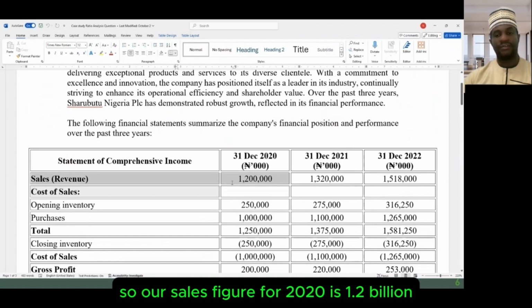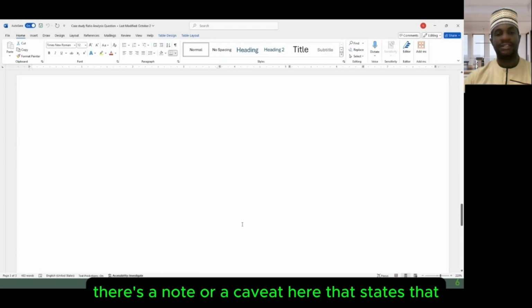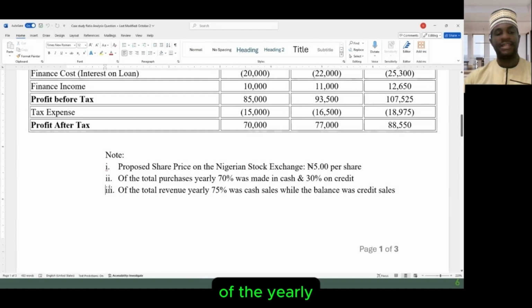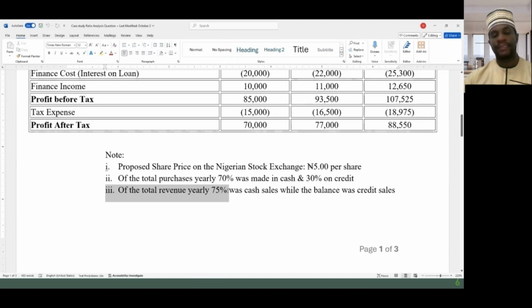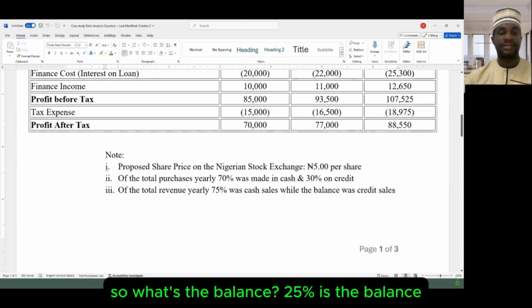Our sales figure for 2020 is 1.2 billion. And don't forget, there's a note or a caveat here that states that of the yearly total revenue, 75% was made in cash, while the balance was on credit. So what's the balance? 25% is the balance.